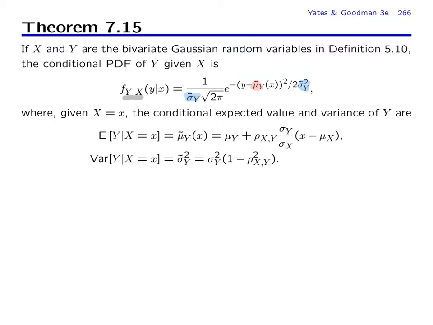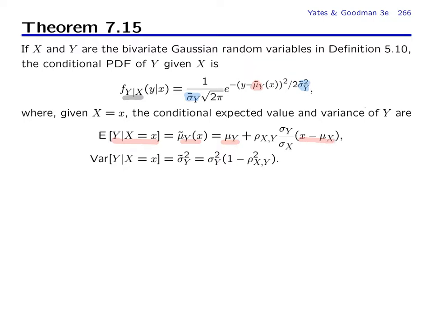This mu y tilde is in fact the conditional expected value of y given x equals x. And it has the form that it's equal to the original expected value mu y plus a correction term which depends on the difference of x and its expected value.